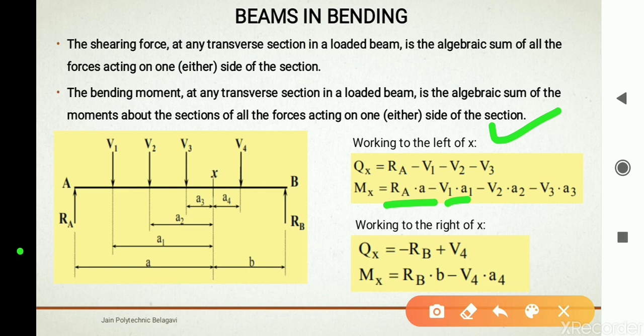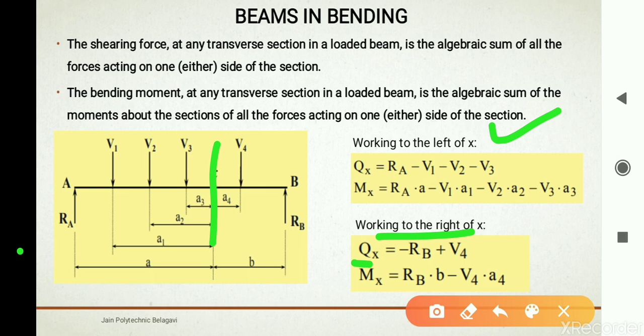If you are working on shear force and bending moment calculations on the right side of X, you have to be careful that the sign conventions will be exactly opposite to working on the left of X. So coming back to working to the right of X, shear force at X. This is the section.